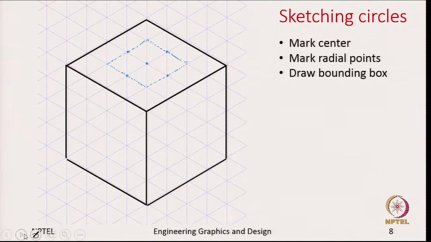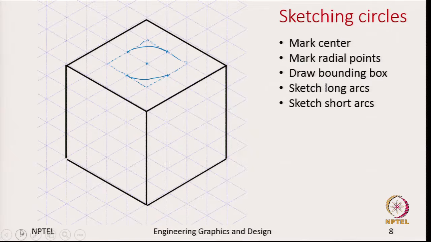Now, we sketch the long arcs. We need to join these two radial points using a long arc. Similarly, these two radial points using another long arc. And finally, we need to sketch the short arcs between these two radial points. Let us start with.